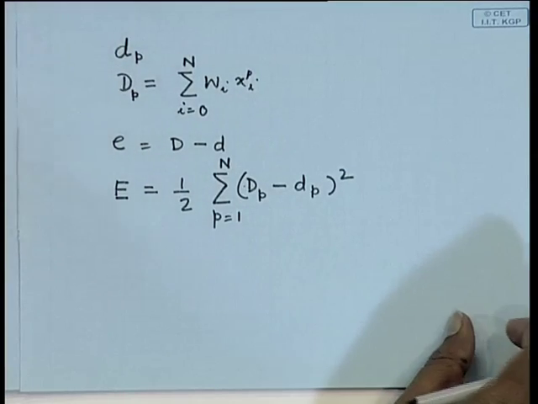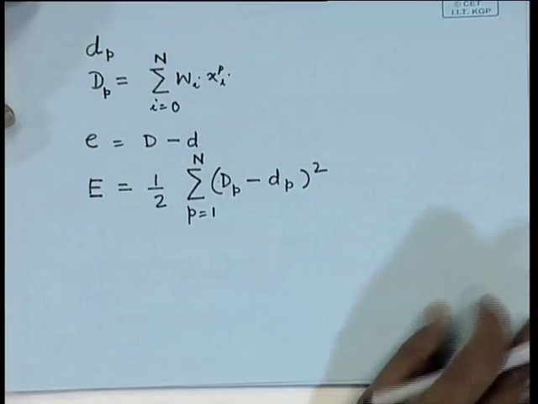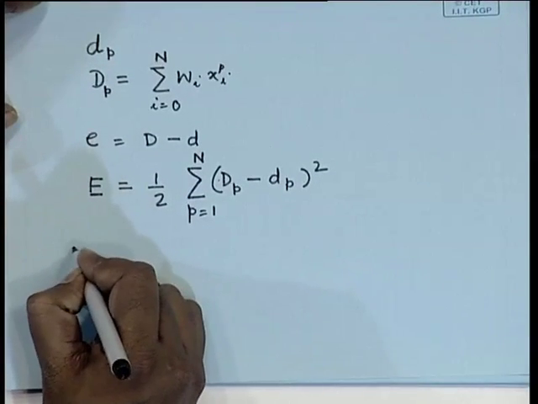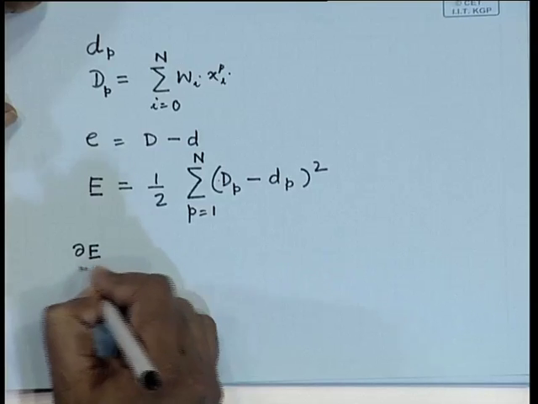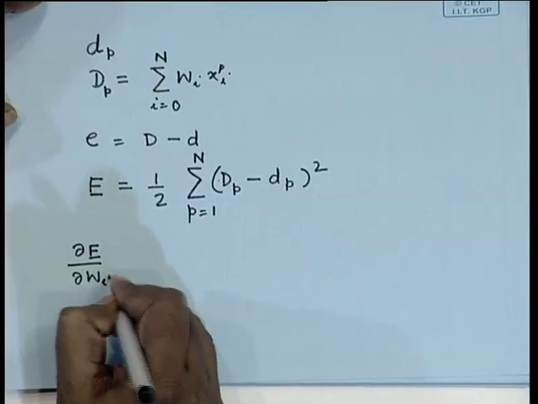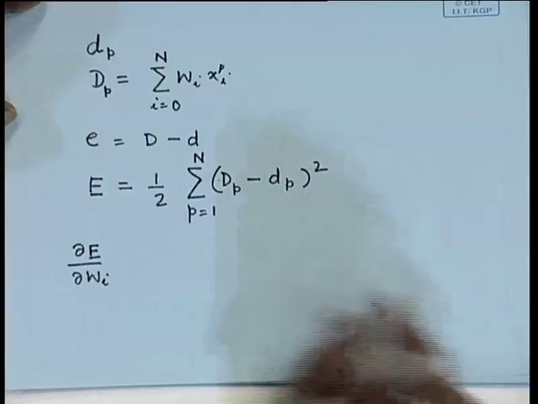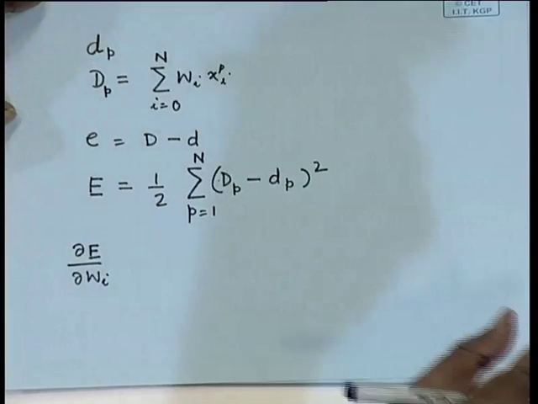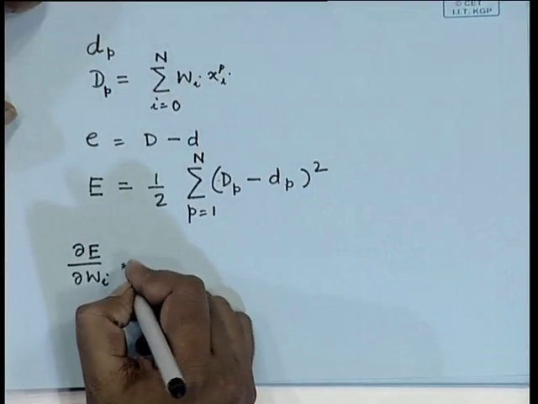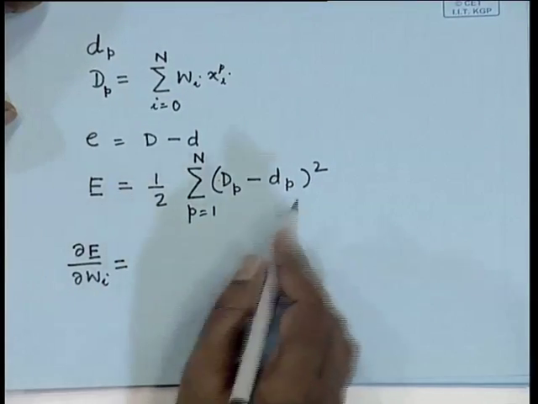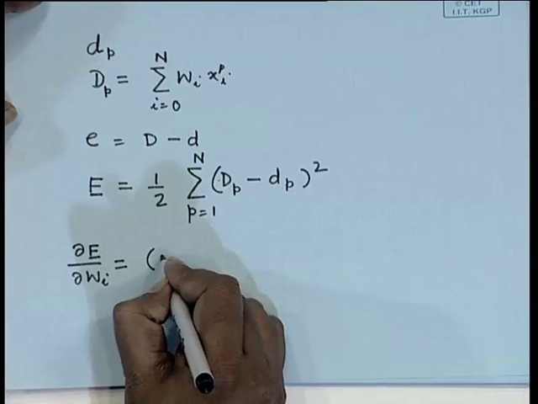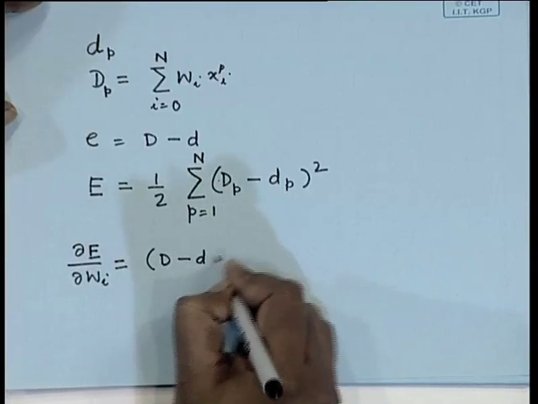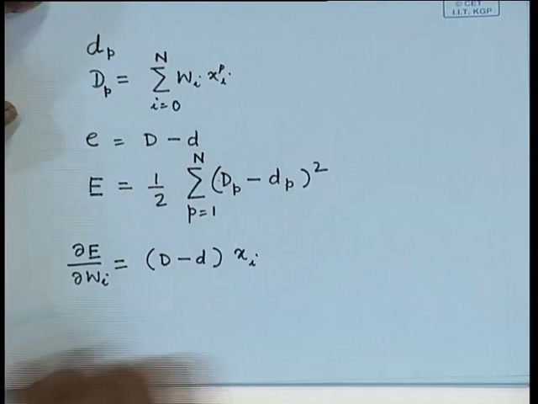So, if I take the gradient of this, say del E upon del w i, which is the ith component of the weight vector, where this i varies from 0 to capital M, as there are m plus 1 components, including the one that we have added as bias. So, this del E del w i, if you compute this, it will simply become d minus d into x i.